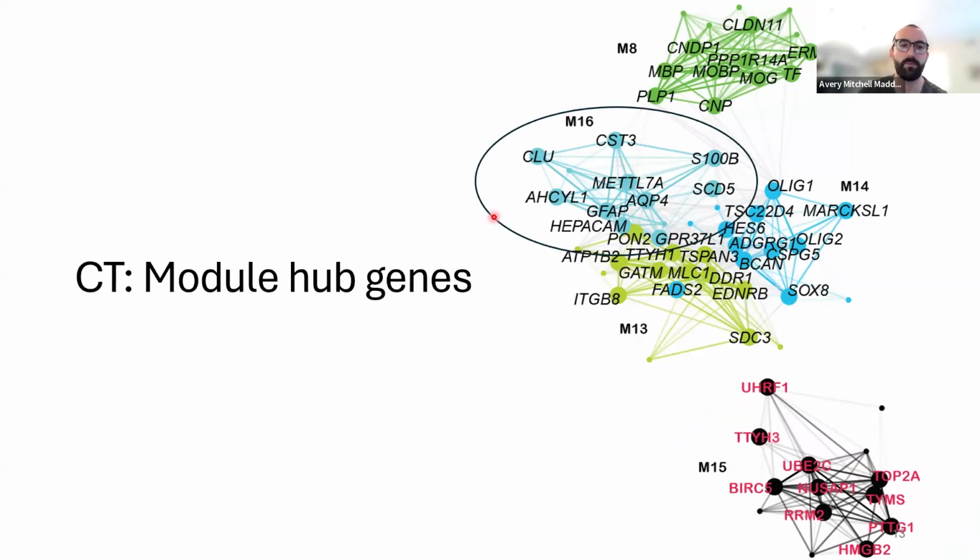And finally, M16, which had a lot of those amyloid beta plaque terms enriched in its pathway. We see CST3 and CLU, which are also related to amyloid beta plaque formation. But along with S100B, GFAP, and AQP4, which are also markers of the NEFTEL AC tumor state, as well as several other genes related to immune modulation and GSC protection, glioblastoma stem cell protection.